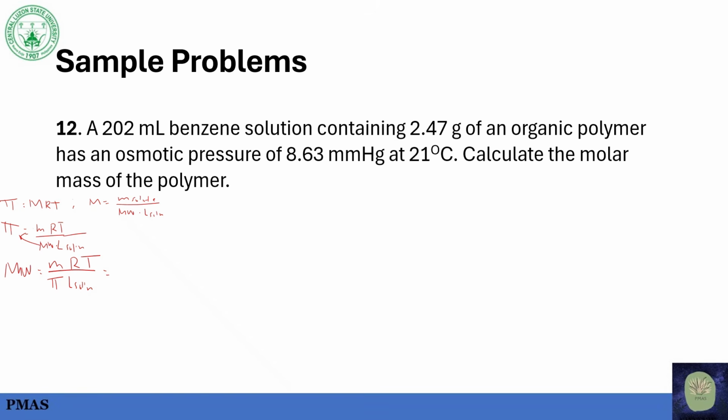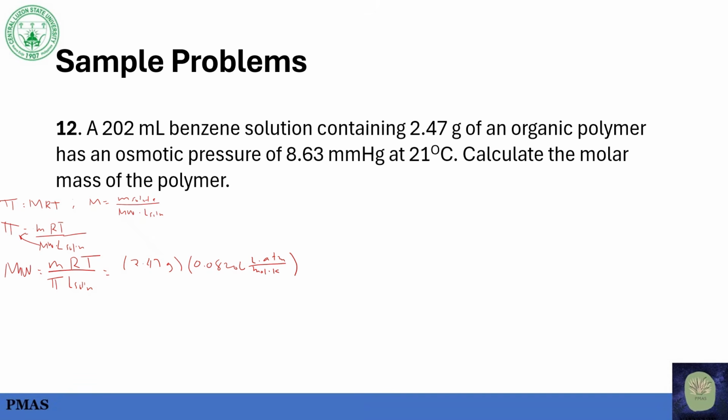Now, since we already have the formula, we can input the values. First, for our mass, we have 2.47 grams of the polymer. Then our R, from the gas constant, is 0.08206 liters atmosphere per moles Kelvin.